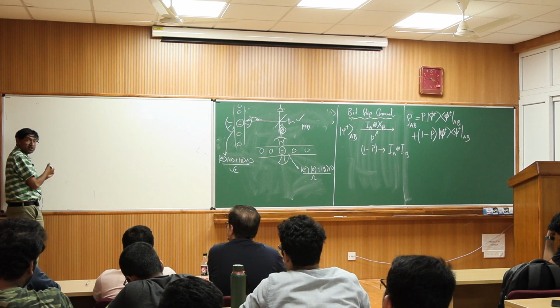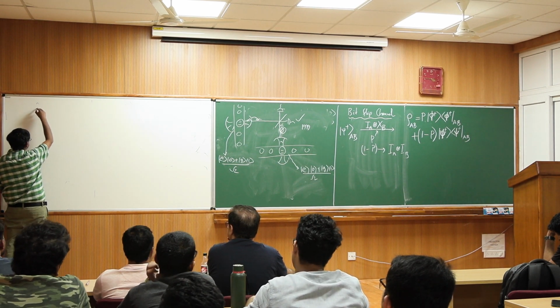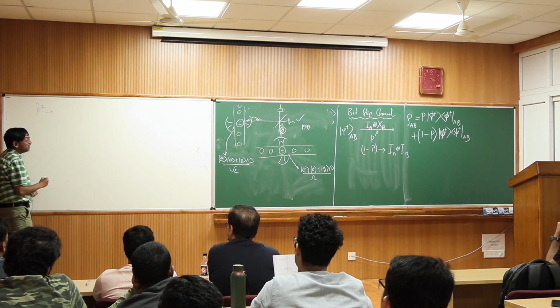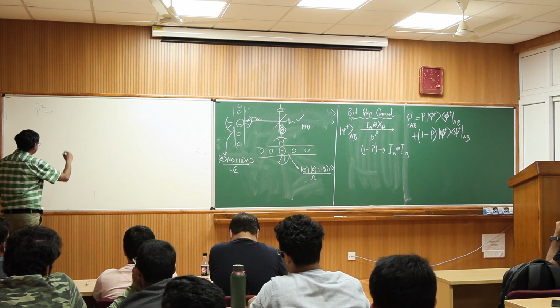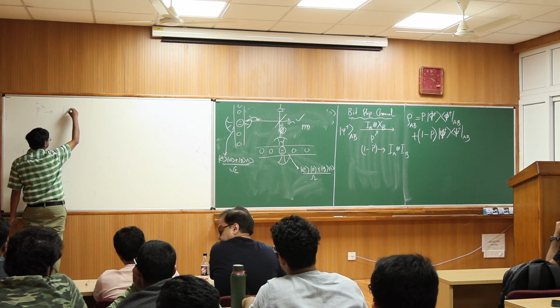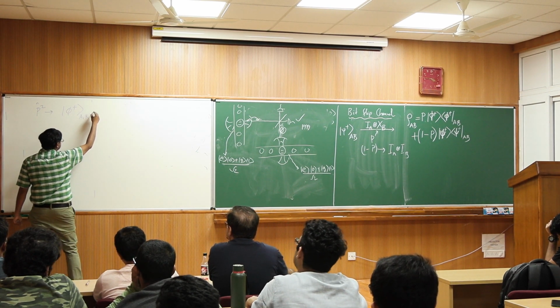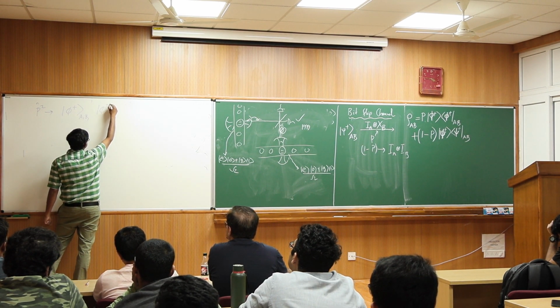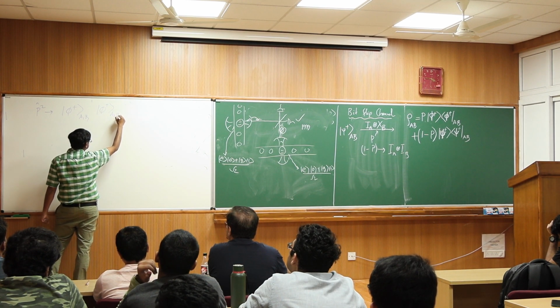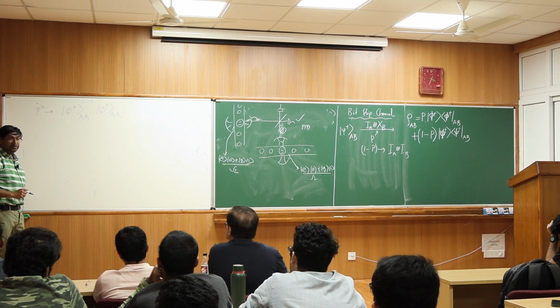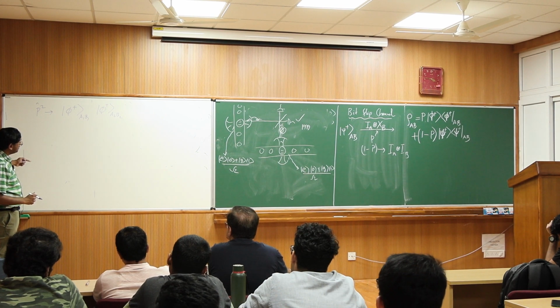So what is the situation with two pairs with probability p square? You have two phi pluses. So you have a phi plus A1 B1. You have a phi plus A2 B2. That's one of the options. So we will do all the four options.